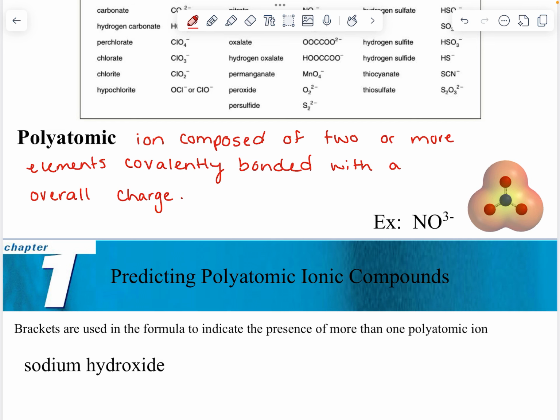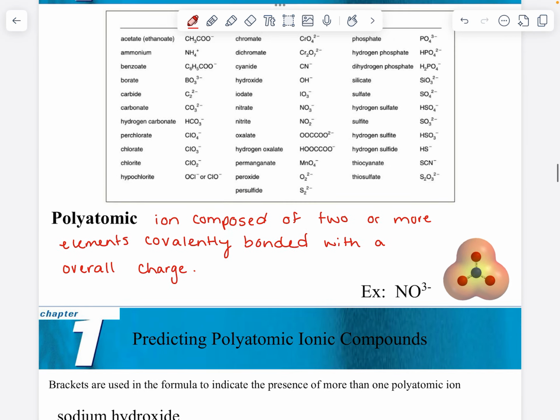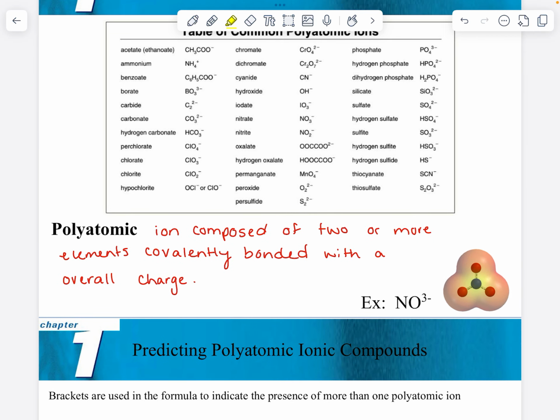And most of them are negative. There is one positive ion though, and that's ammonium, being NH4 plus. So most of them are negative, but there's that one positive charge. Okay, and so because they're covalently bonded, that means you can't separate them. You keep them together. They're like a package deal. You never separate them.